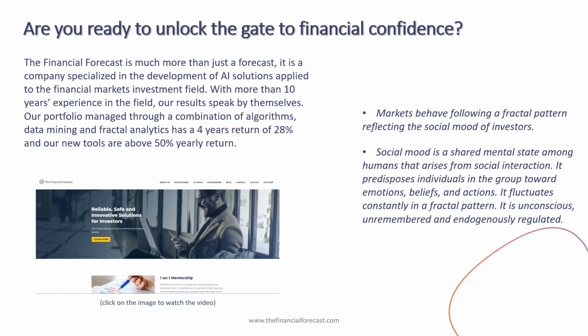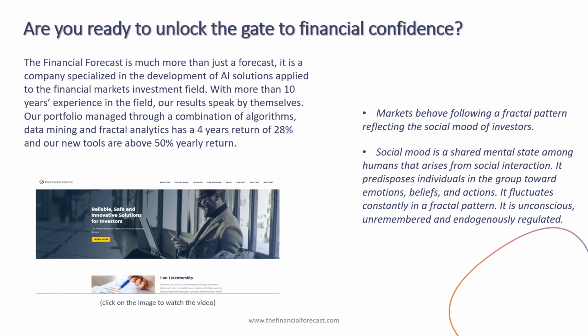And what is reflected in this fractal pattern? We are talking about a social mood. It is the mass of investors buying and selling, investing in these instruments, with a lot of sentiment and emotion involved in this social mood that always moves as a group. And this is quite relevant, especially now. If we think only about the S&P, it has been dropping massively these last 2 days, Monday and Tuesday. Why?